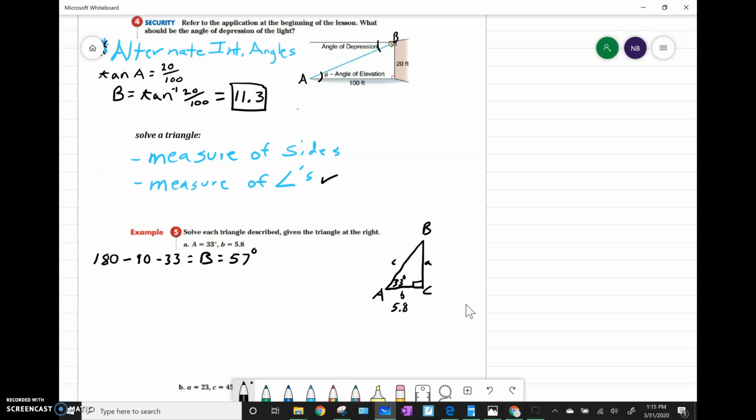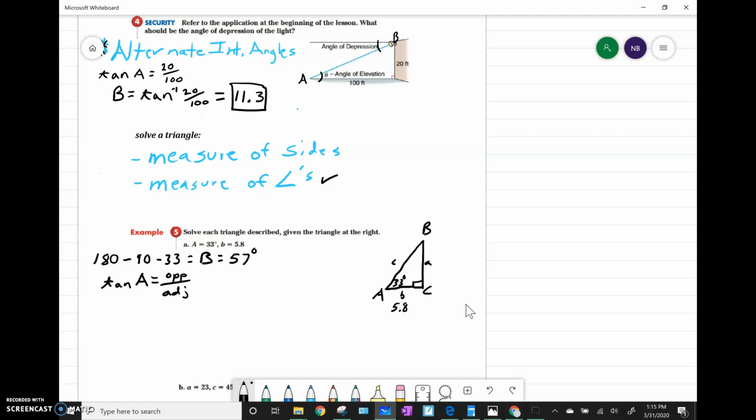So I'm going to use my chart, and I'm going to use the tangent of A, because the tangent of A gives you the opposite over the adjacent. All right, so let's fill in what we have.